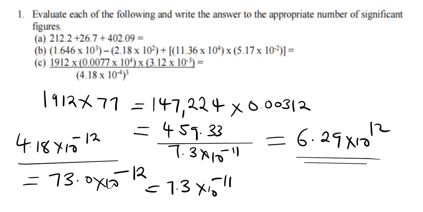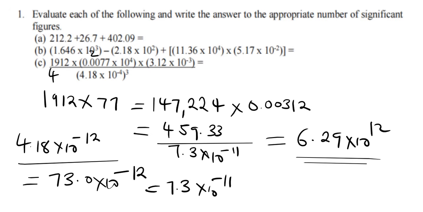So I have to go back to our rules of significant figures. The first one has 4 significant figures. Then the second one, in its scientific notation, we're able to see that it has 2 significant figures.